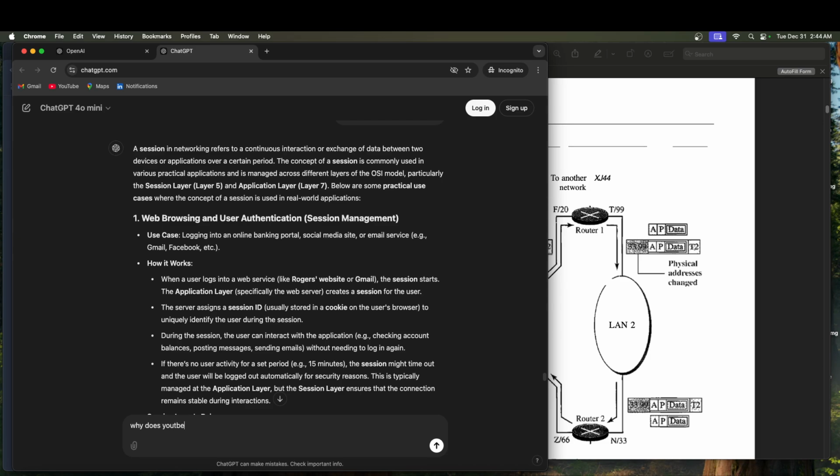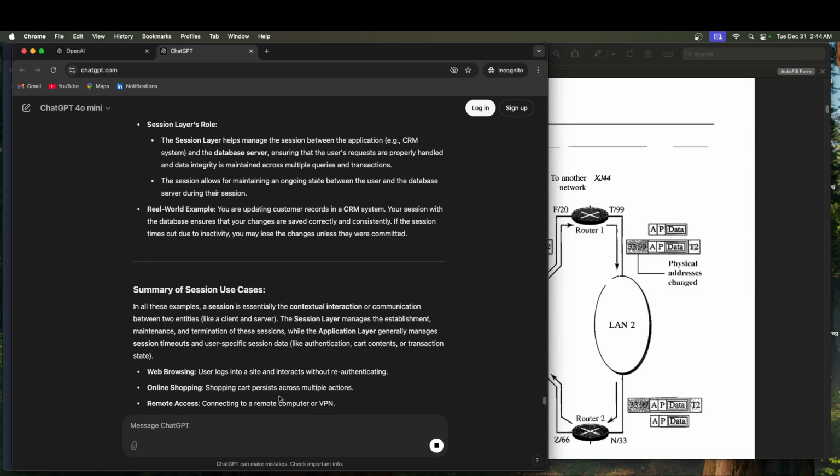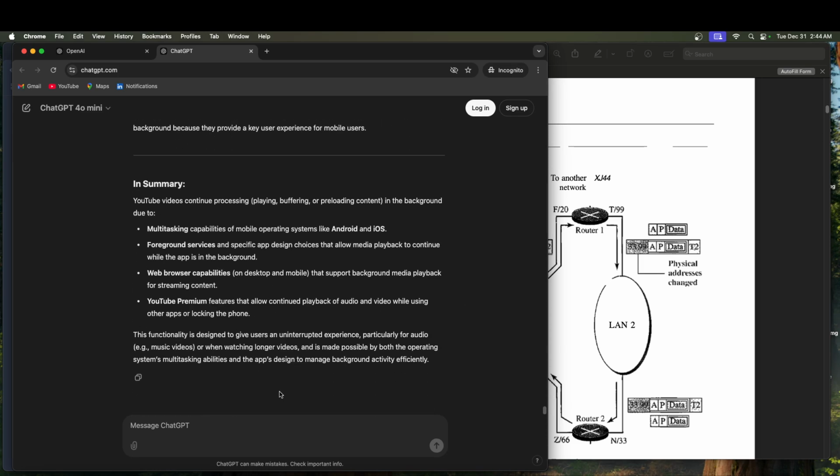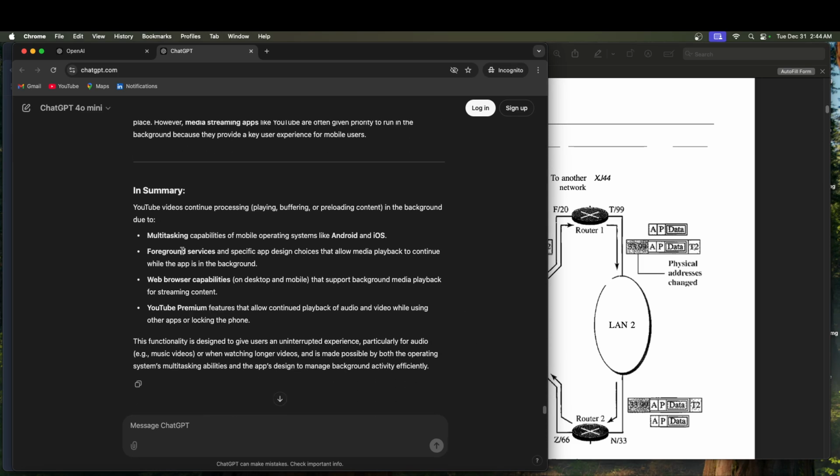So what is it, even when I have a YouTube video playing in the background, it still plays? Why? Is it something related to OS or browser capabilities?